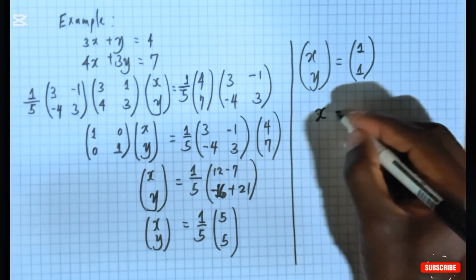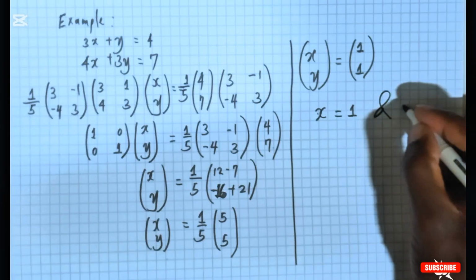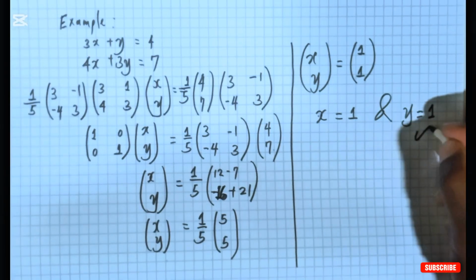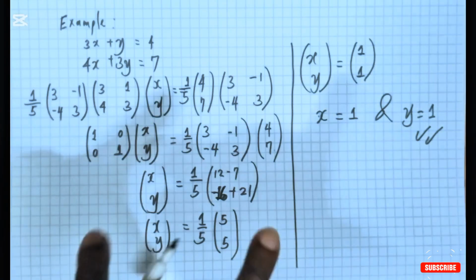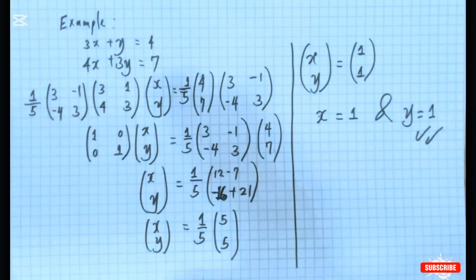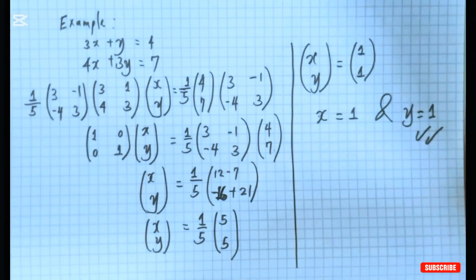So our value for x equals 1, and our y value is also equal to 1. And so that there is our solution for this particular problem. It is as simple as that. You're basically supposed to arrange it in that particular setup, then multiply the left and the right hand side by the inverse of the coefficient matrix, and then everything else just simplifies itself out.